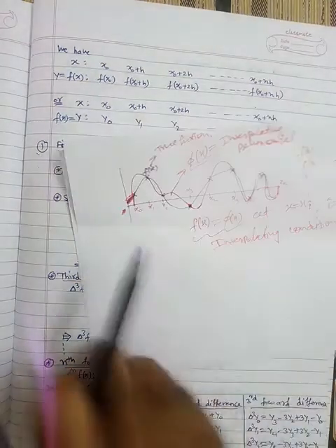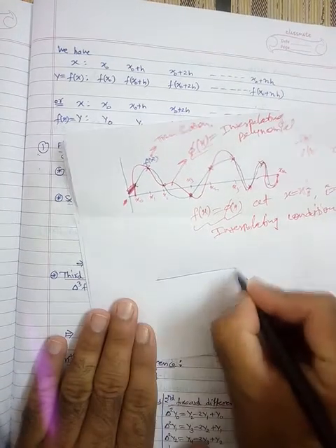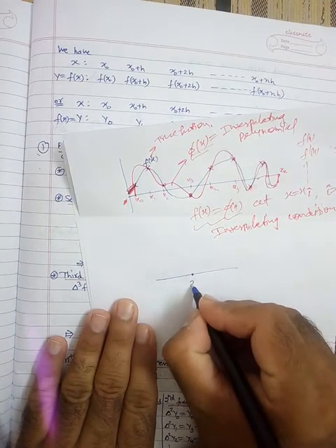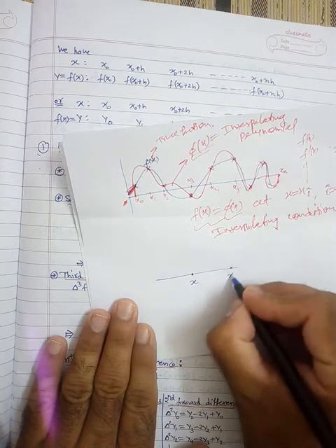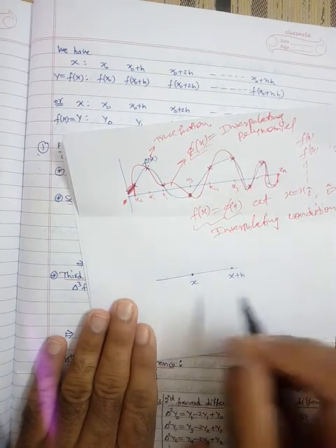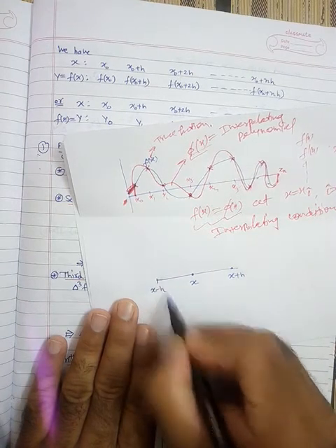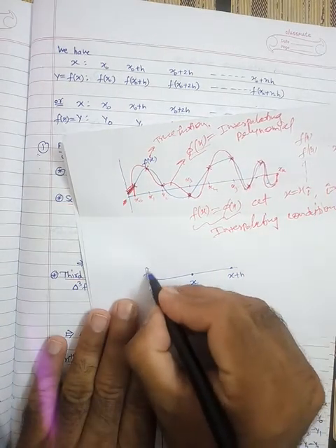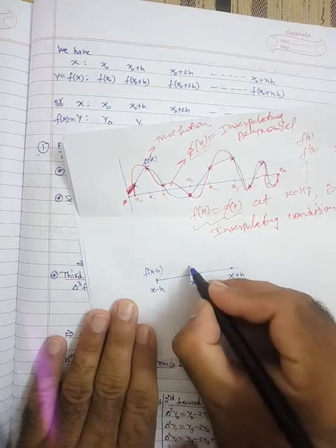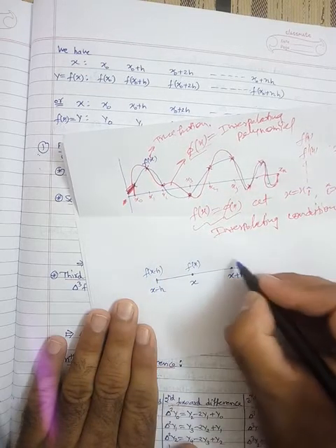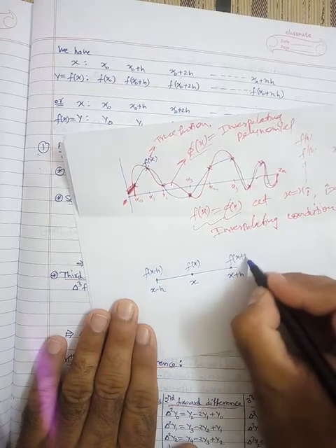So you can understand this by this graph. Here is x, here is x plus h, the next value after distance h, and the previous value is x minus h. Here the value of the function is f of x minus h, here the value is f of x, here the value is f of x plus h.